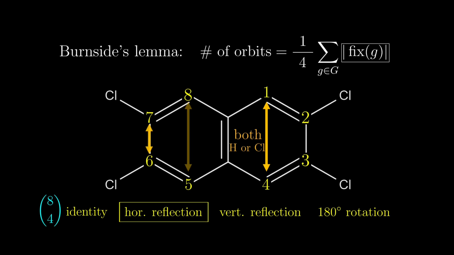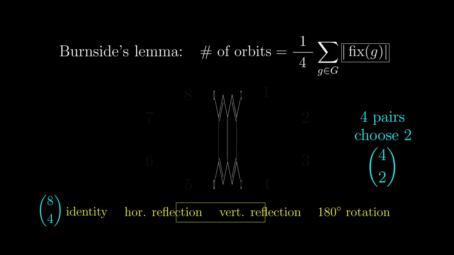Similarly, we have other pairs of carbons swapping with each other under the reflection, and again, in each pair, both carbons have to attach to hydrogen together or chlorine together. So out of the 4 pairs of places for the chlorine substituents, we choose 2 pairs, making the fixed size 4 choose 2.